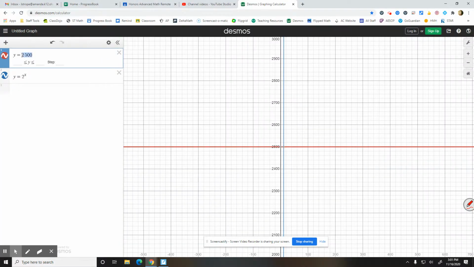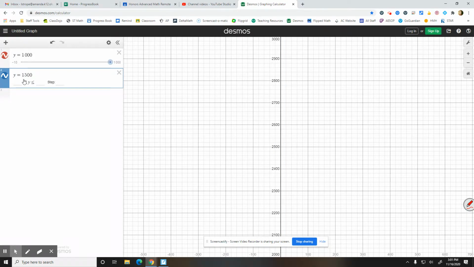So to Desmos, here's my 1,000. It's still zoomed in from the other question that we did. So there's 1,500 plus, get all this stuff ready. Make sure that you change the t to an x so that it will work on the graph. I'm already zoomed in from the last question.